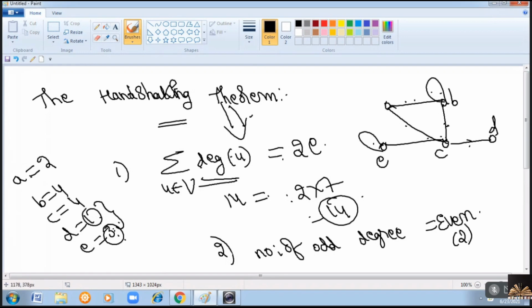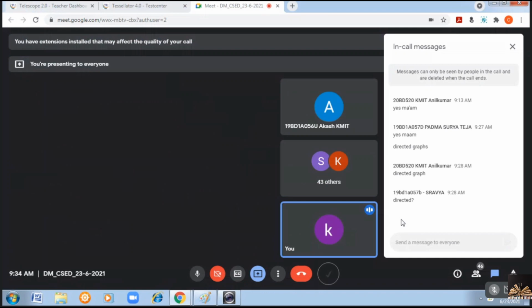The value 2 is even. Number of odd degree vertices should be even. So, these are the 2 points you have to remember under this handshaking theorem. Sum of the degrees of all the vertices in a graph is equal to 2 times the number of edges. Number of odd degree vertices should be even. Clear?